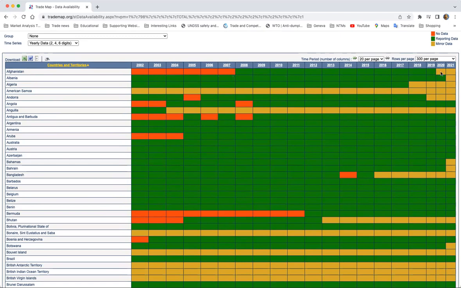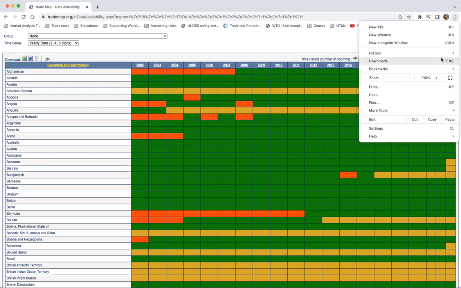But if it's in yellow, this means that we managed to reconstruct this data using mirror data. So if the box is yellow, it means that we have trade statistics for this country for that year, but we used all the partner countries that they traded with during that year, and we reconstructed what happened for that year for Afghanistan, where I am looking at right now.